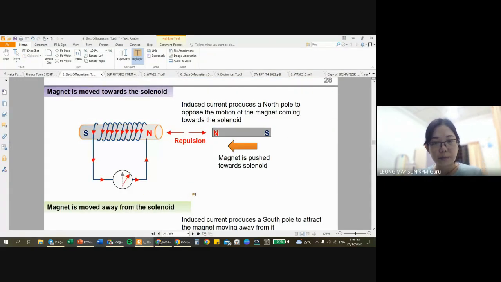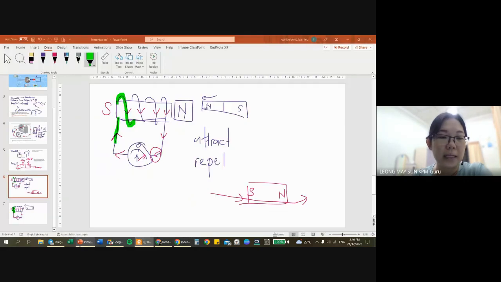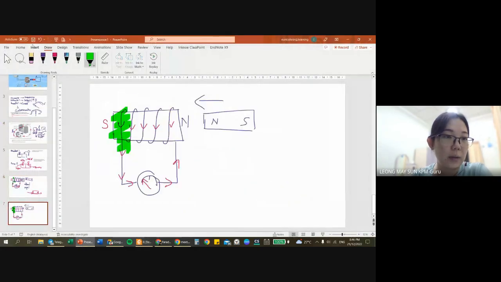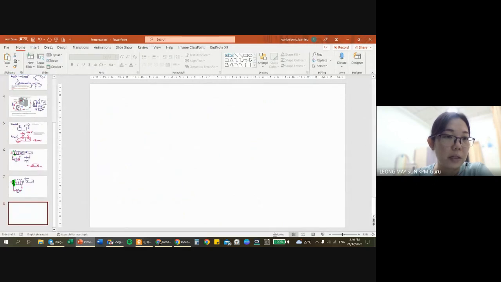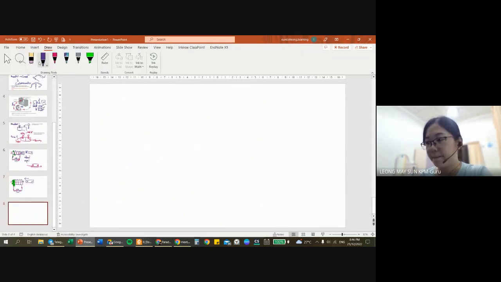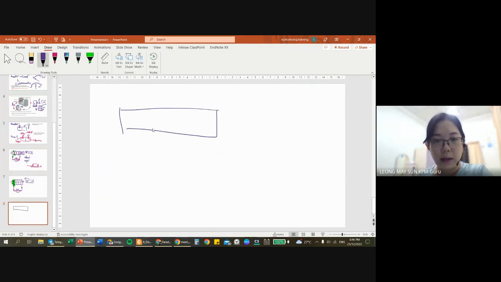Now, if it's moving away, let me analyze another one so you can clarify that before I proceed. Here I have a galvanometer connected to the solenoid.